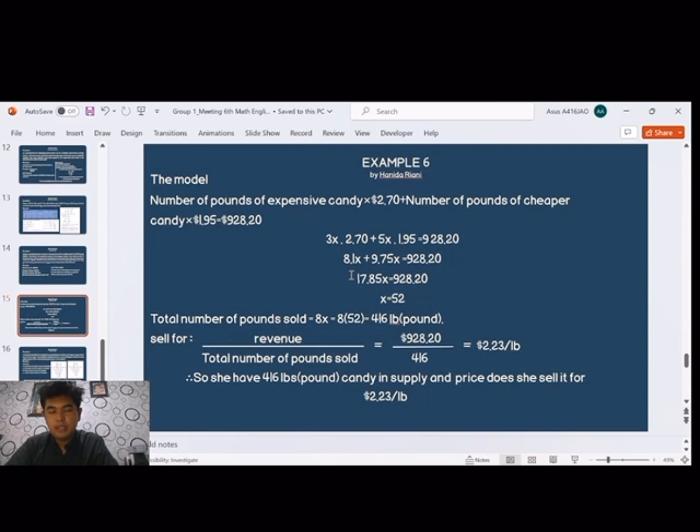So it will be 8.1x plus 9.75x equals 928.20.